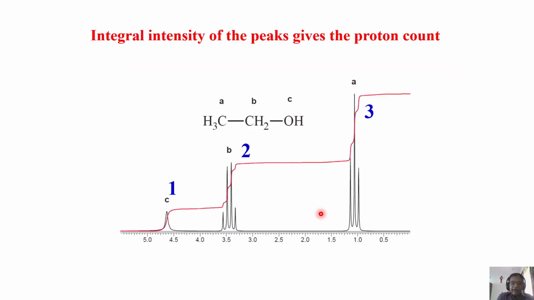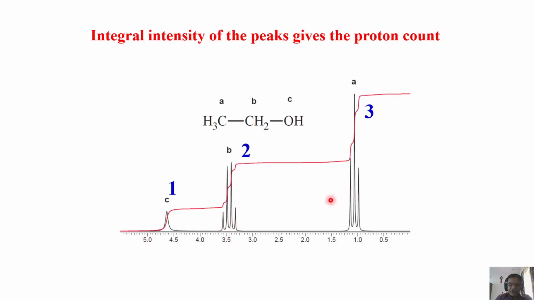Now, in the NMR spectrum of a proton, you can observe very interesting things. Let us look at the spectrum of ethyl alcohol, CH3, CH2, OH. You all know it's ethyl alcohol. There is one proton coming here, one proton coming here, one proton coming here.